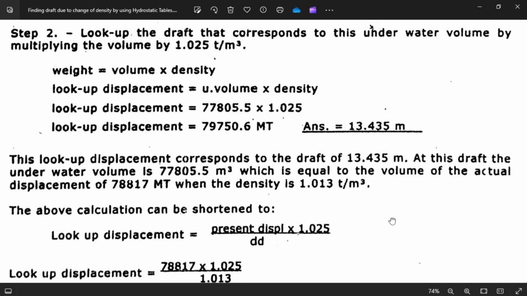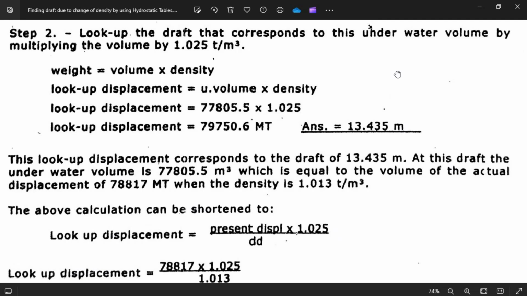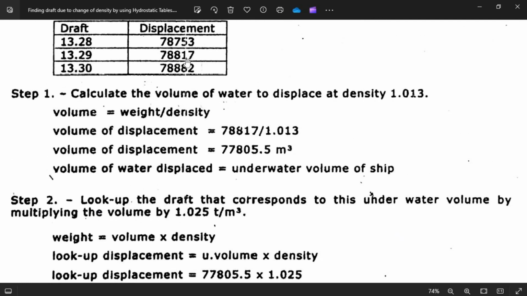The above calculation can be shortened to, in lookup displacement of present displacement, which is 78817, this is the local displacement, times 1.025, which is this one, guys, 78817. This is salt water.